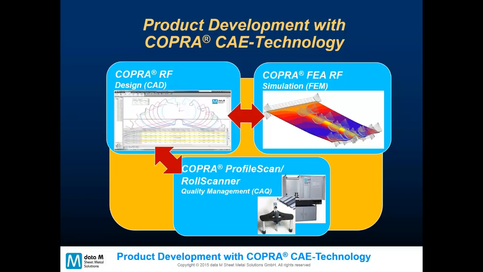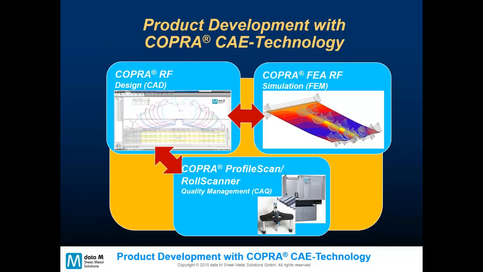And in addition, we have our Copra profile scan and our Copra roll scanner, which is computer aided quality management. Essentially, we can use this tool to capture information also from our roll tools itself, to give us comparisons to the designed profile, roll contour.